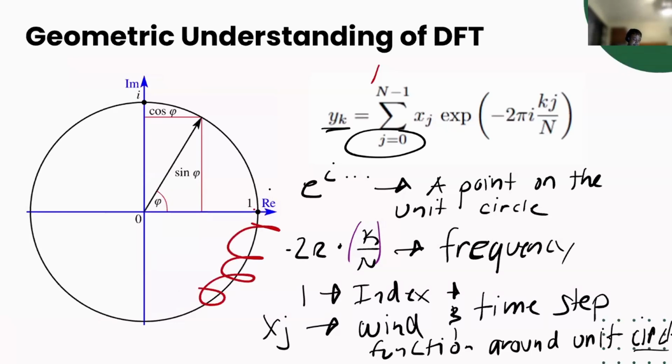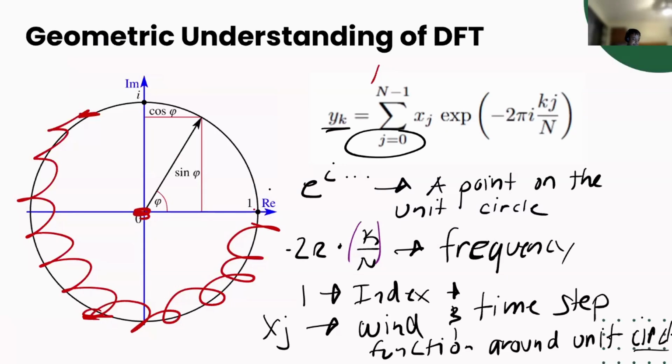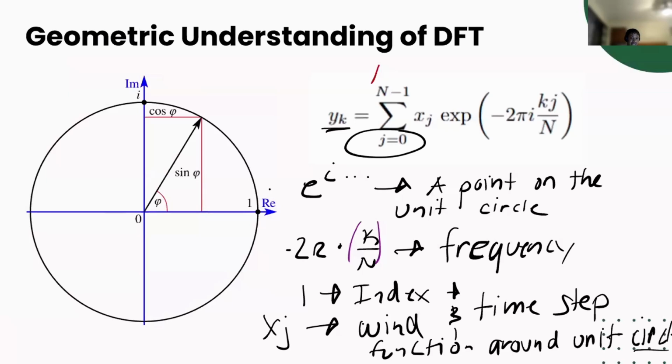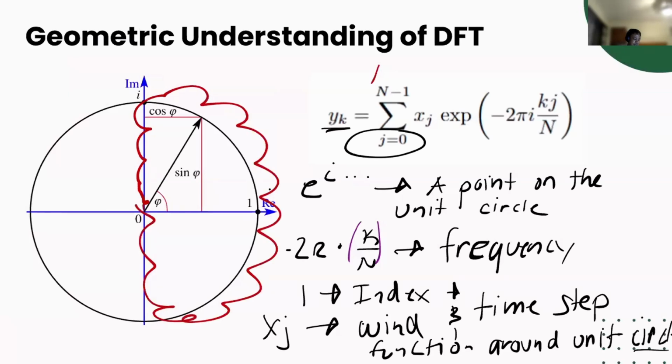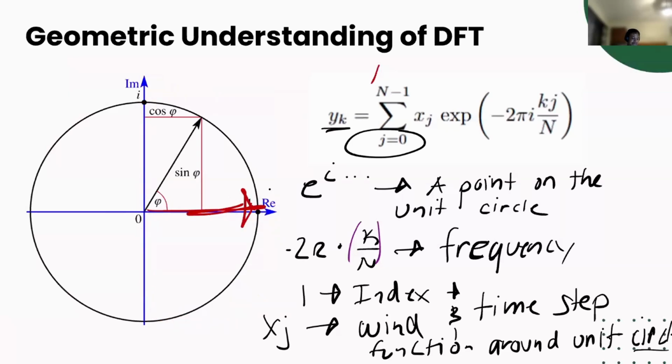If you have a very chaotic graph, some of these will constructively add to one another and some will destructively add to one another. And so the magnitude you'll get will be very low, close to 0. But in a very specific case, you'll get a graph that looks like this. And so the magnitude, at least in the x direction, will look something like this. And so you'll get a spike here.